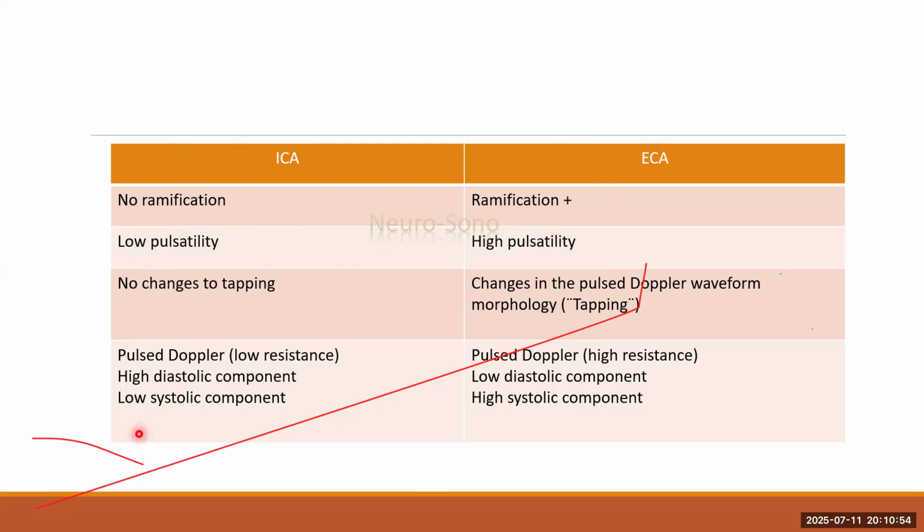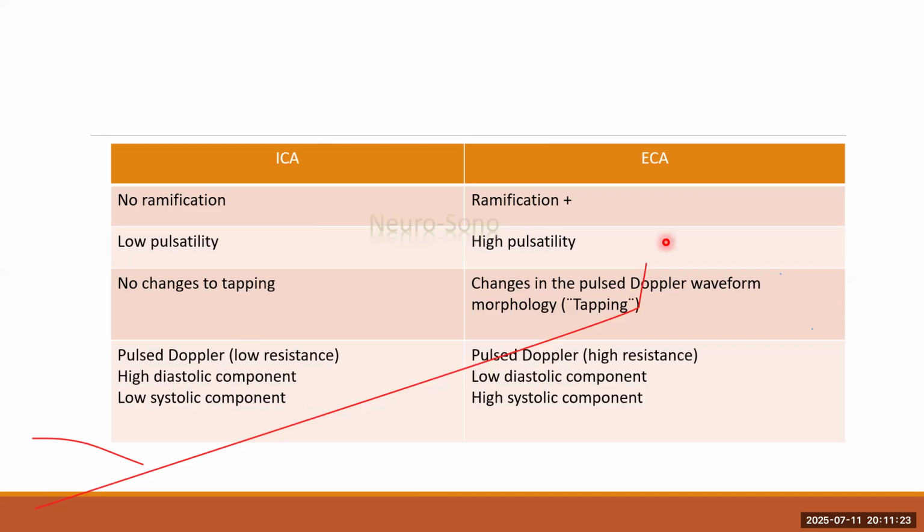And the ICA waveforms, to be defined using a pulse wave Doppler, are typically low resistive waveforms. There are circumstances where the ICA can get externalized or the ECA can get internalized, but to define it classically, it's a low resistance waveform in contrast to the ECA, which is a high resistive waveform. ICA has a high diastolic component, or robust diastole, which is a part of the low resistive waveform, and a low systolic component.